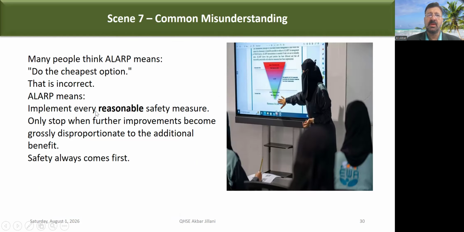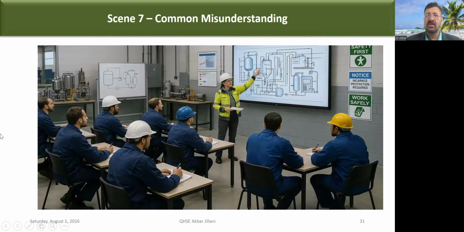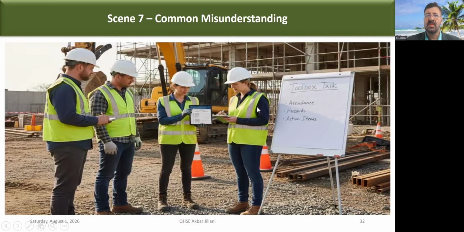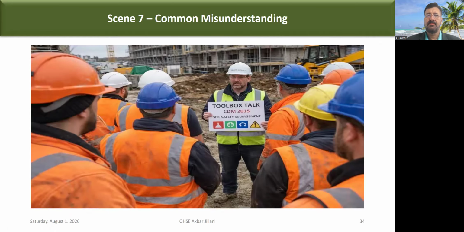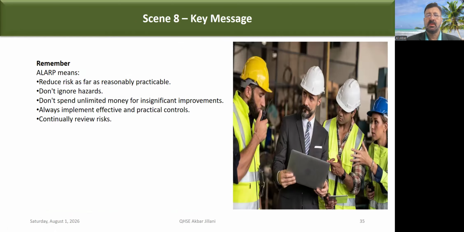ALARP means implement every reasonable safety measure, and only stop when further improvement becomes grossly disproportionate to the additional benefit. Now, safety always comes first. Like see here, like conducting TBT.